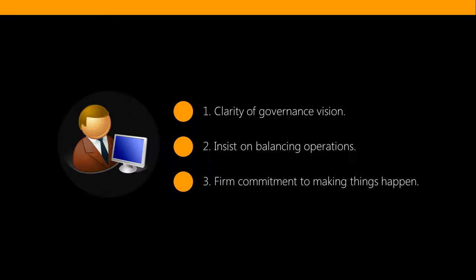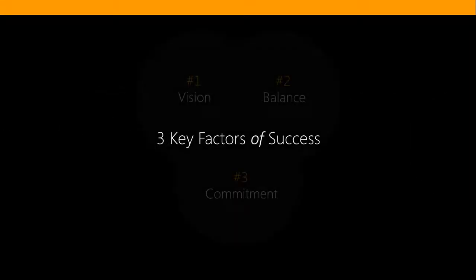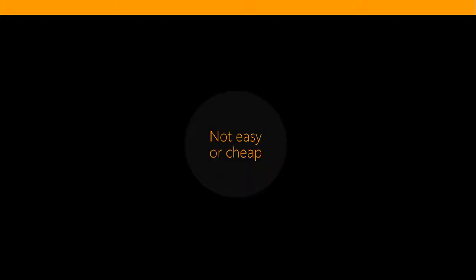And third, a firm and unyielding commitment to make things happen, by building a system, just like in the UK government, that not only makes change inevitable, but preferable. Over and above everything else, it is these three key factors of success that demand primacy in any plan you create for governance renewal.